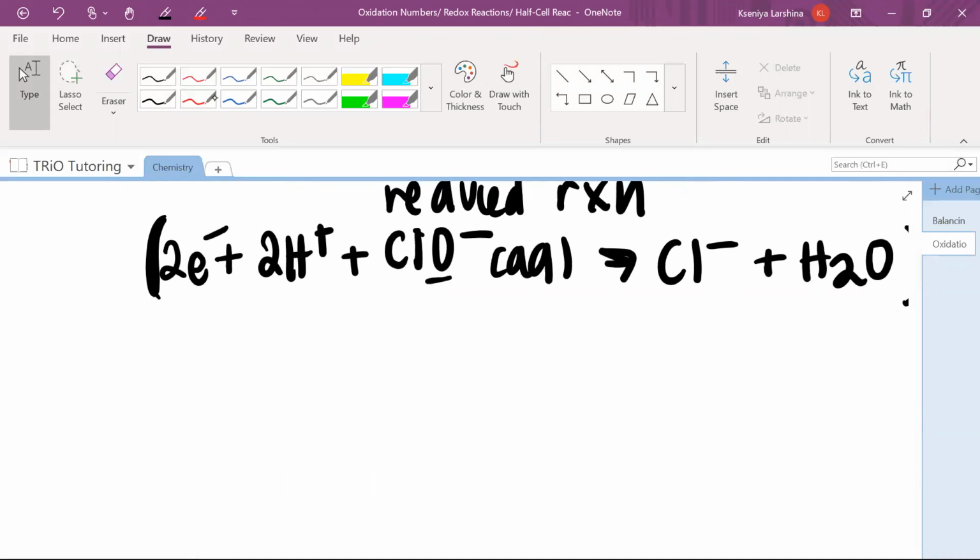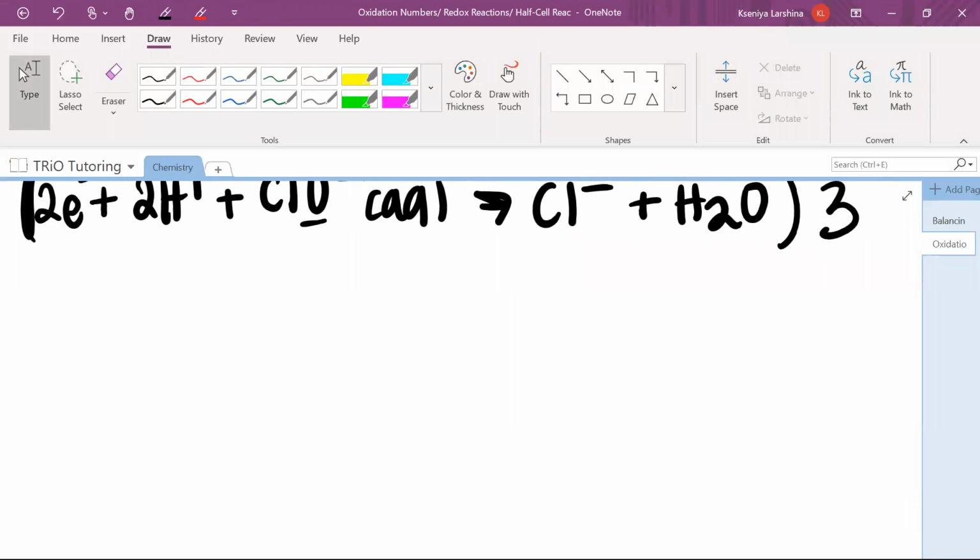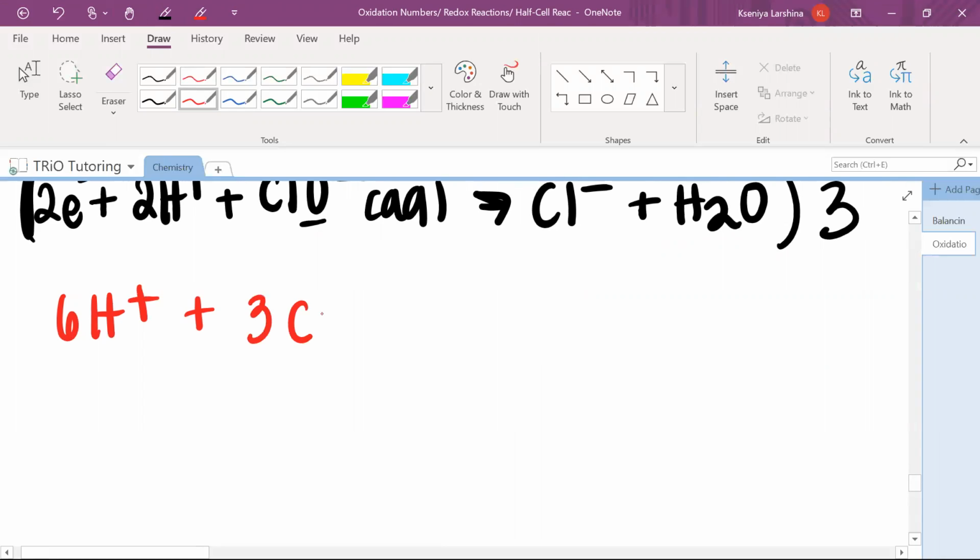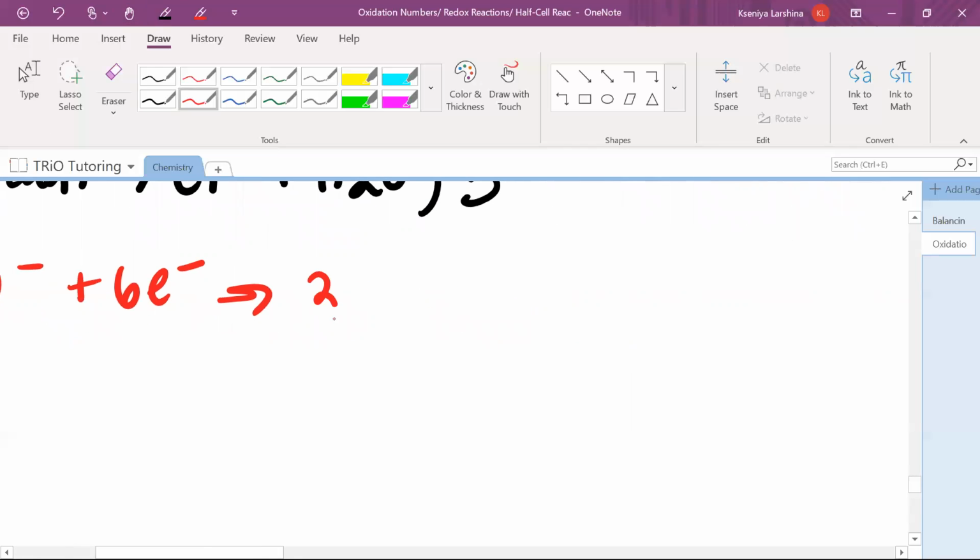So here we have 6H plus, 3ClO negative, plus 6 electrons going into 3Cl negative plus 3H2O.